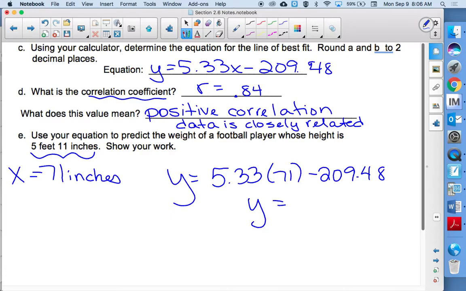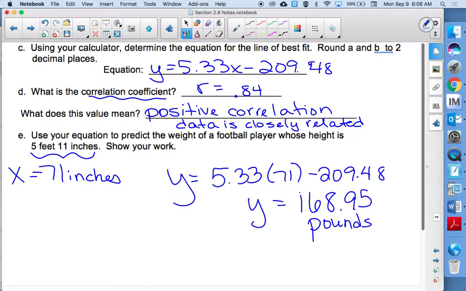So predict the weight of a football player whose height is 71 inches. Peter, what would the weight of the football player be if you're 71 inches tall, according to our equation? 160.95. And that's in pounds. That's the average weight that fits our line of regression, our best fit line.